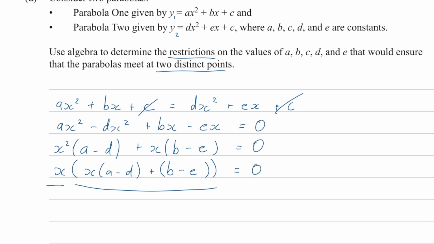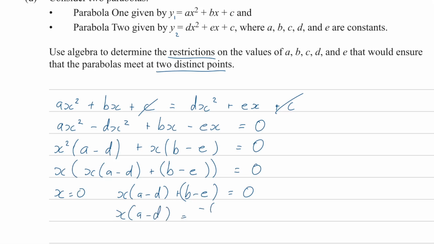But now here, it's a quadratic, right? And we can solve for the brackets, the terms inside the bracket. So either x equals 0 or this whole expression equals 0. So x, so I just subtracted b minus e from both sides.